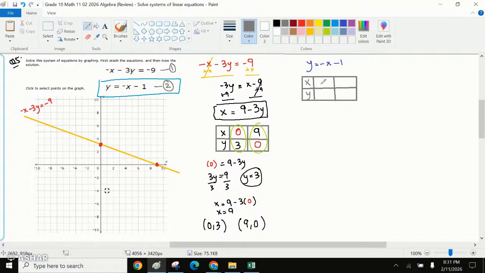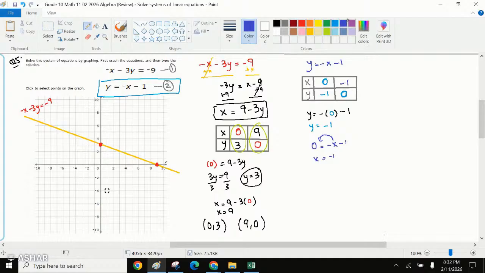One time we suppose x is 0, one time we take y as 0. So when we take x as 0, it becomes y equals 0 minus 1. Agreed? And for the next one, y is taken as 0, 0 equals minus x minus 1. x comes to this side, and x becomes negative 1.